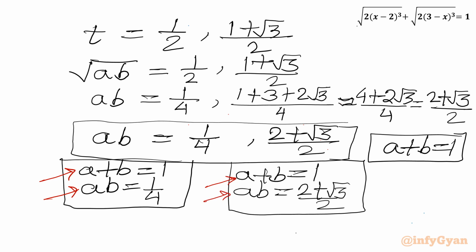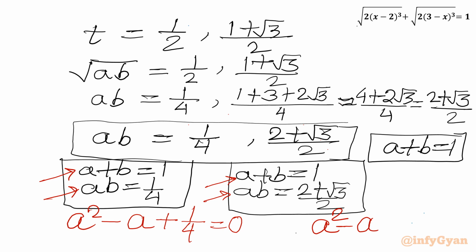So let's frame a quadratic equation in A itself. A² minus the sum of roots, which is 1, so only A, plus the product of roots, so plus 1/4, equal to 0. And the second quadratic equation: A² − A, as it is, plus the product of roots, (2 + √3)/2, and the RHS will be 0.